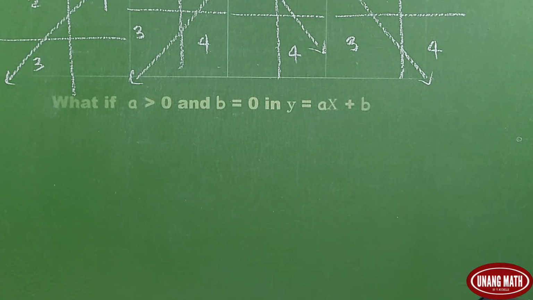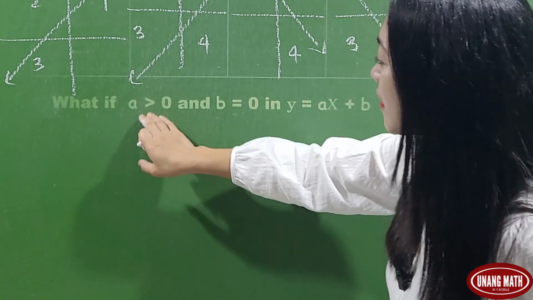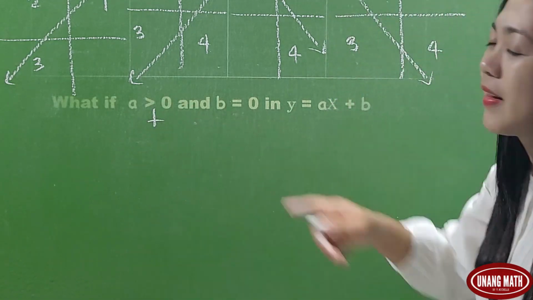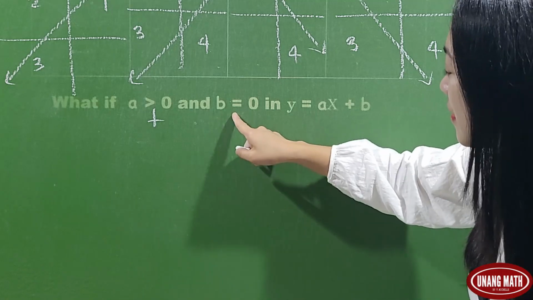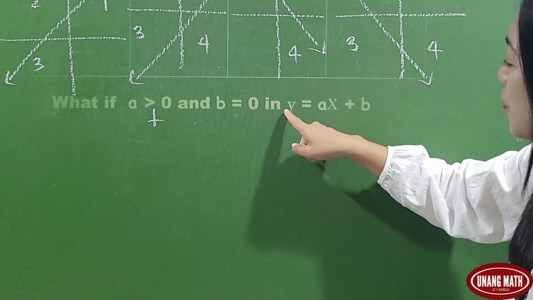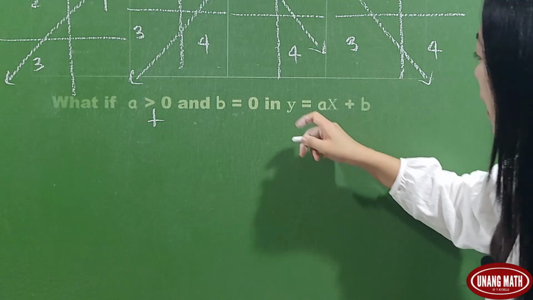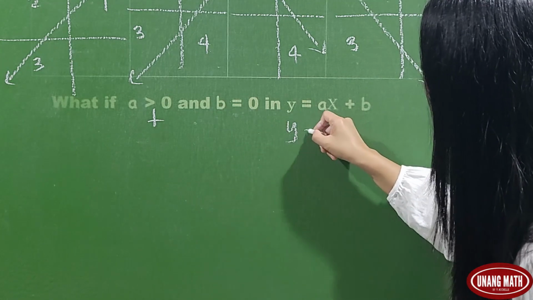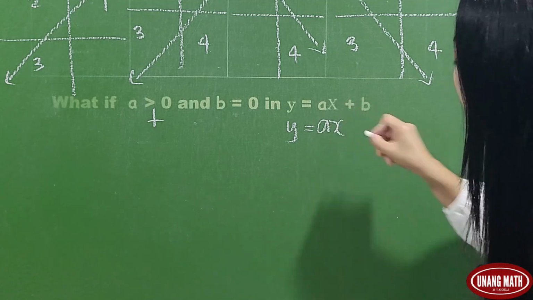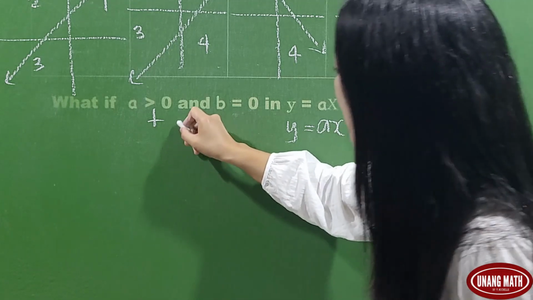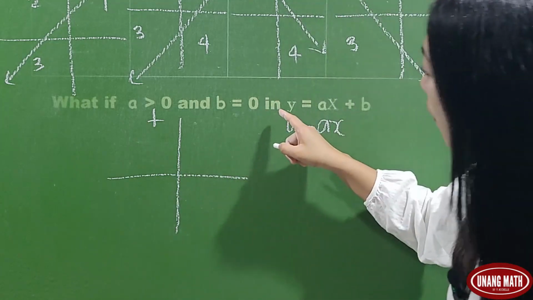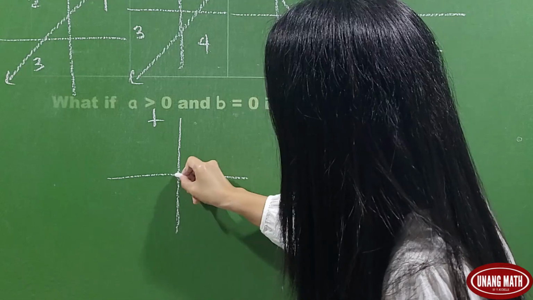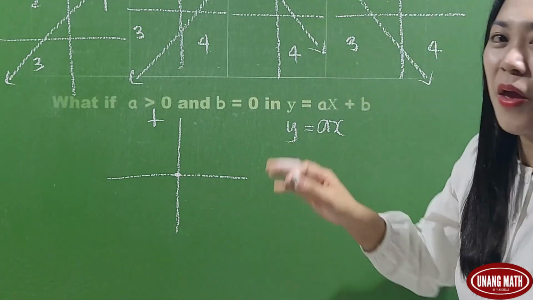Okay, now, what if A is greater than 0, or our slope is positive and the y-intercept is 0? In this linear function, y is equal to ax plus b, if the y-intercept is 0, then we just have here y is equal to ax. Then that means since the y-intercept is 0, our graph passes through the origin.